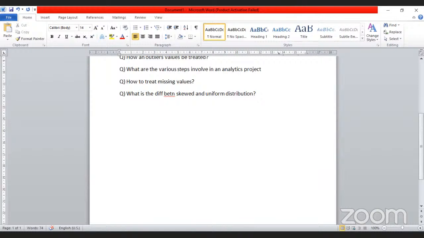Means when we plot our data, if we see the bell curve, that is the uniform distribution. There is no clear peak, right? In a uniform distribution, it will follow a bell curve. Means the distribution on the left hand side and right hand side will be the same. Okay.